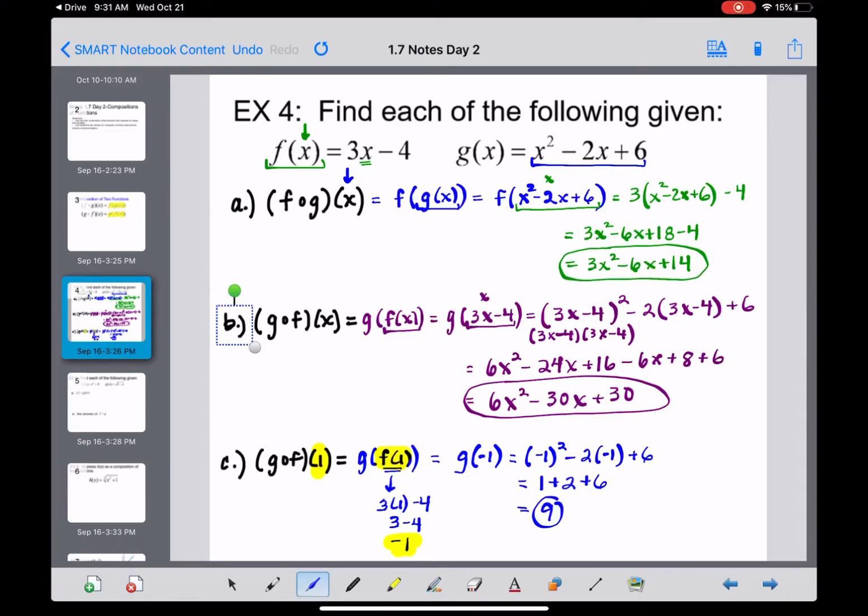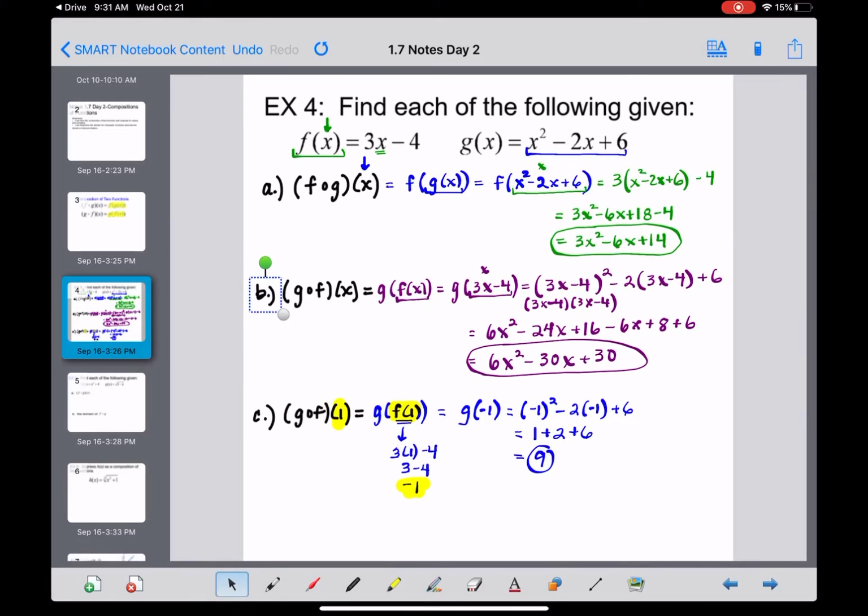That's the process. Another way that you could do this, because we had done part B, since you look at part B, it says g of f of x, and notice you had variables in there. This says g of f of 1, so all you're doing is you're subbing a 1 in for the x. At no point in time are you multiplying by a 1 or an x or any of that. That's not what this notation means at all.